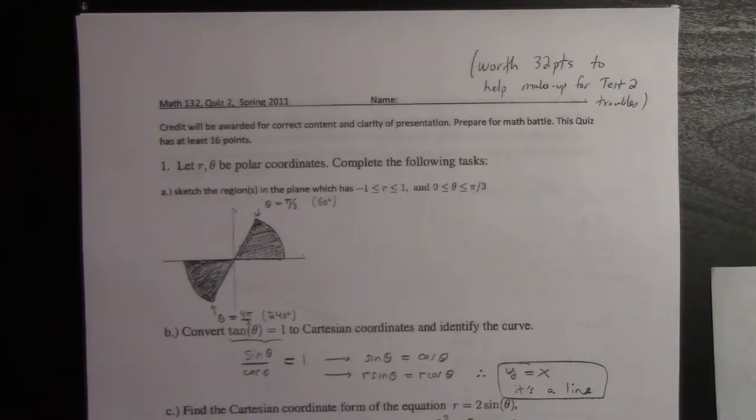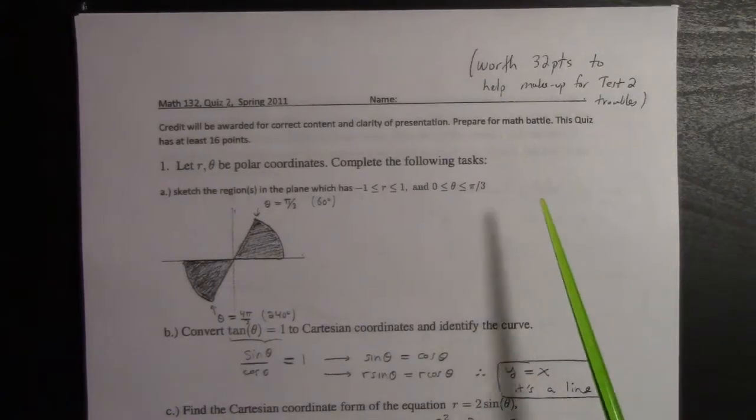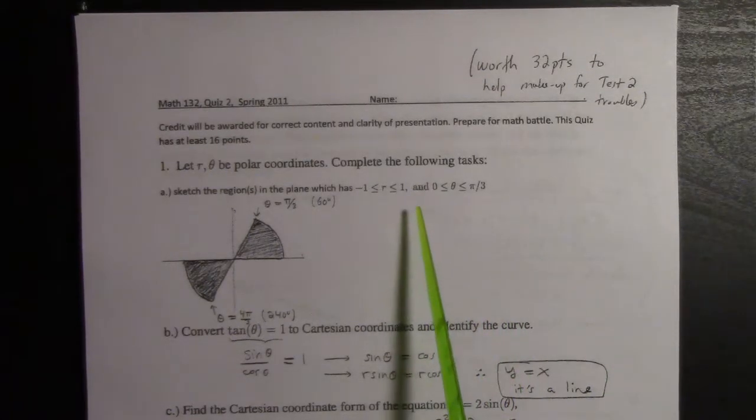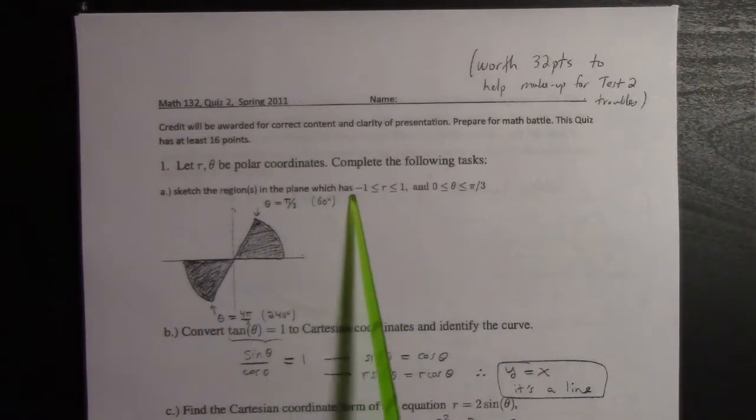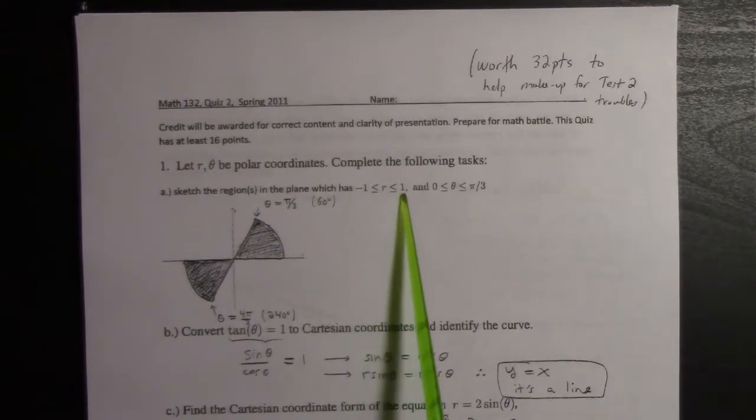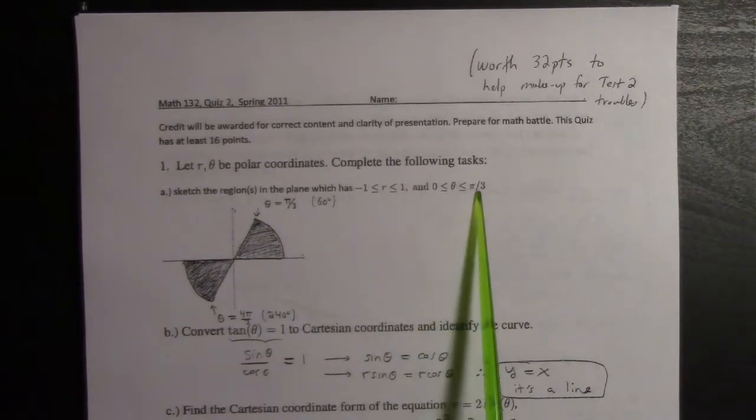Alright, so I have a quiz from 2011 that has some of the material we've been talking about here. In particular, the quiz is focused on polar coordinates and parametrizations and so forth. Here I gave the description -1 less than r less than 1 and 0 to pi over 3.